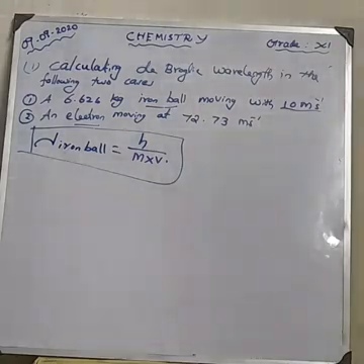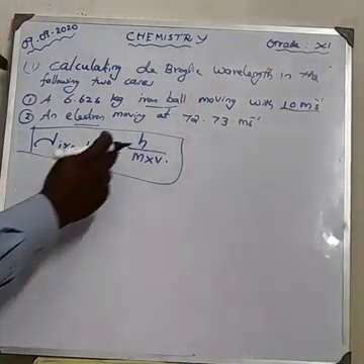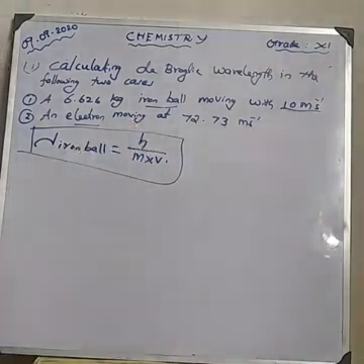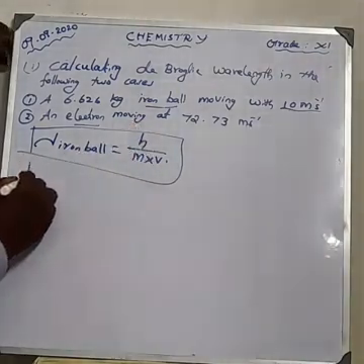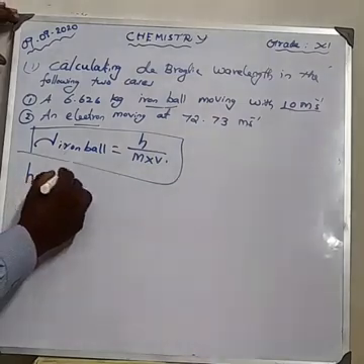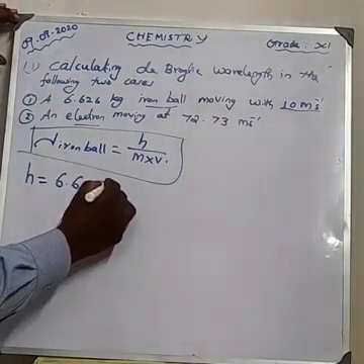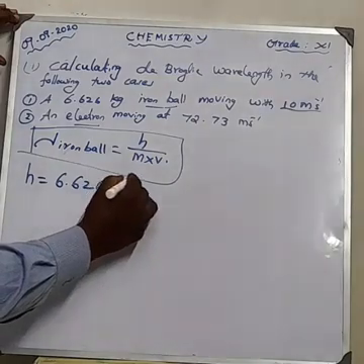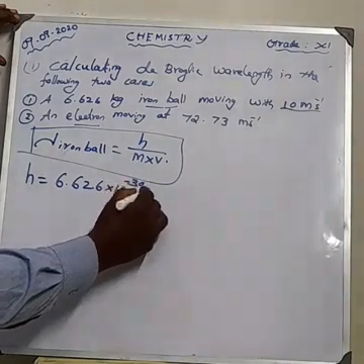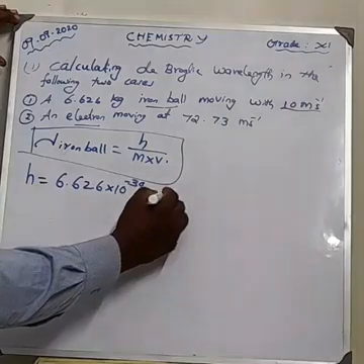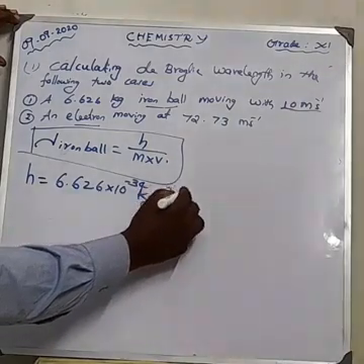What data is given? That is the Planck's constant h. H is equal to 6.626 into 10 raised to minus 34 kilogram meter square second inverse.